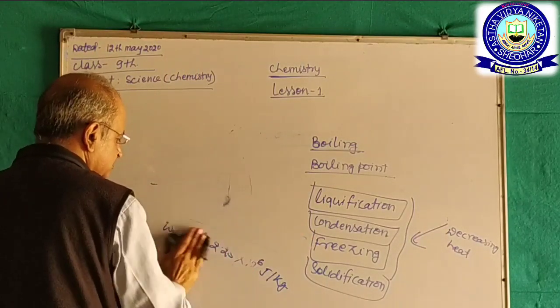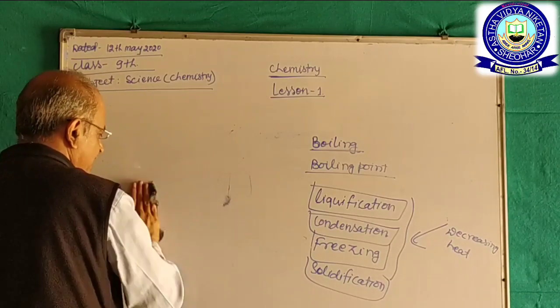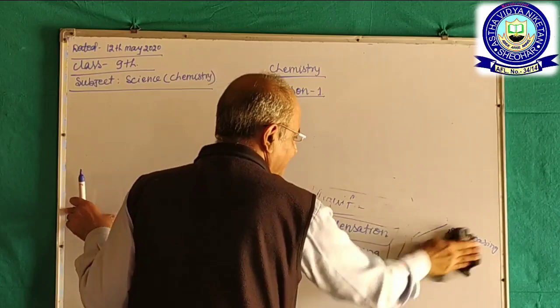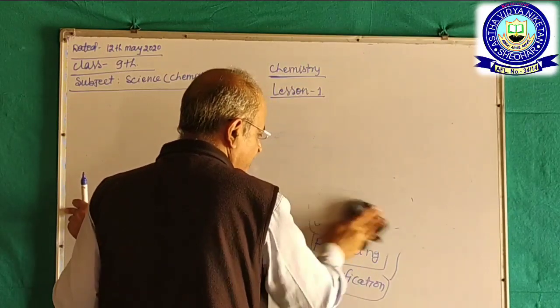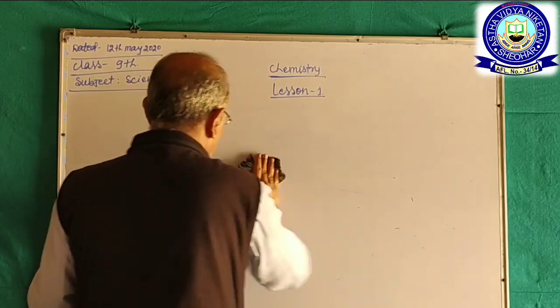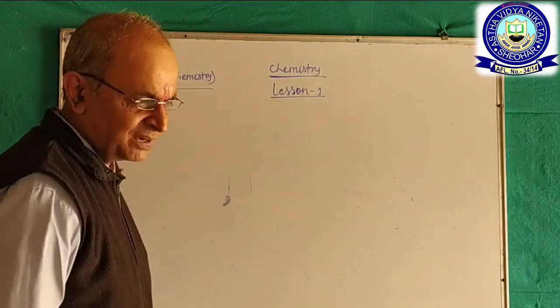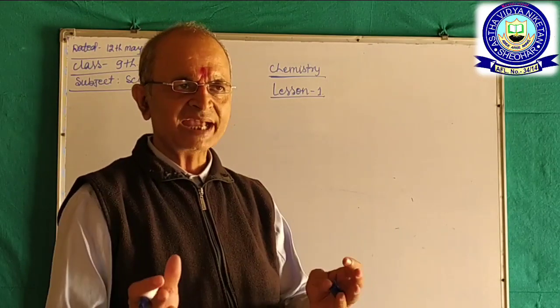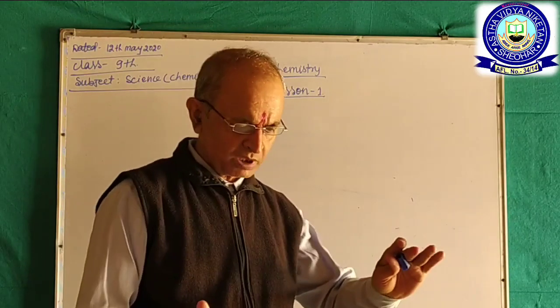After that, evaporation. We should not confuse boiling and evaporation. Both are quite different. Boiling takes place in the whole part of the liquid, but evaporation takes place on the upper surface of the liquid.